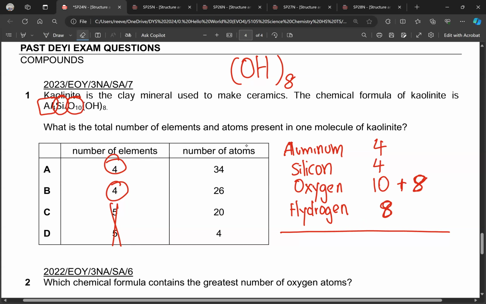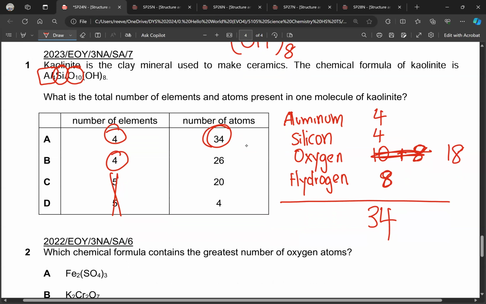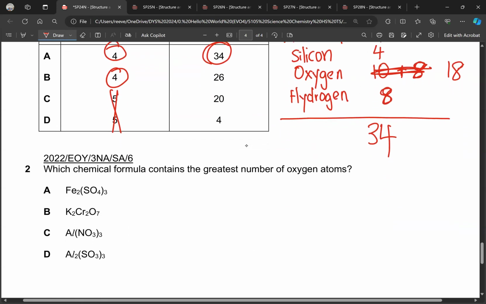Then you add them all up. 4 plus 4 plus 18. 10 plus 8 is 18. 4 plus 4 plus 18 plus 8 is 34. So the answer is A. Sounds complicated, but if you slowly take your time, you should be able to solve.